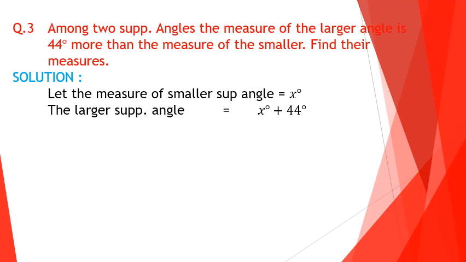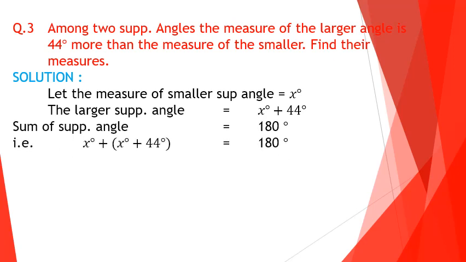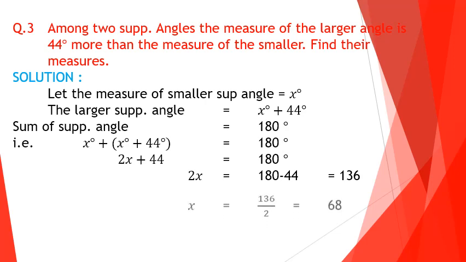Since the sum of these two angles is 180, we can write x plus x plus 44 equals 180 degrees. Now we can solve for x: 2x plus 44 equals 180 degrees, 2x equals 180 minus 44 equals 136 degrees, or x equals 136 upon 2 equals 68 degrees.